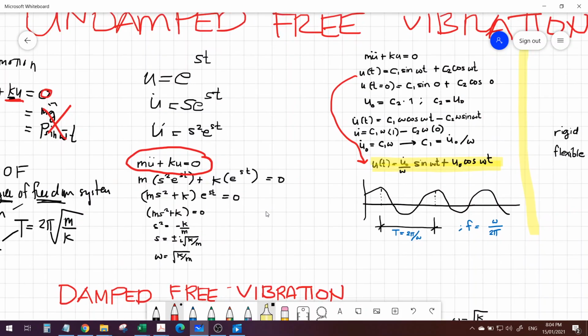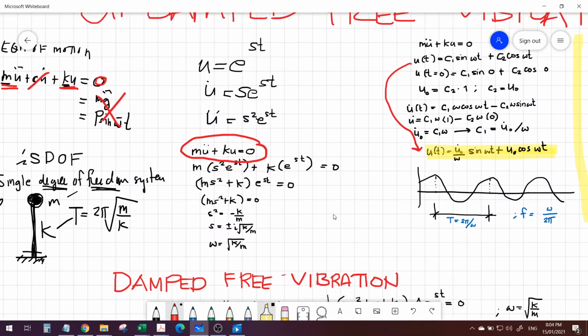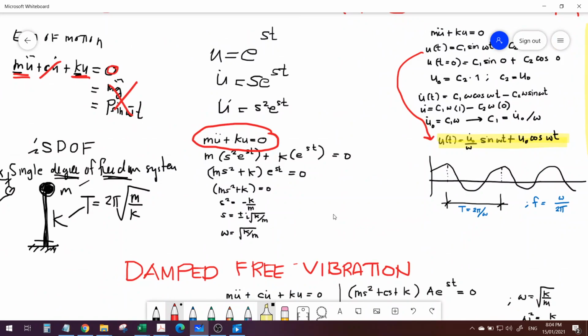This equation is a second order differential equation, and homogeneous because your equation is equated to zero.